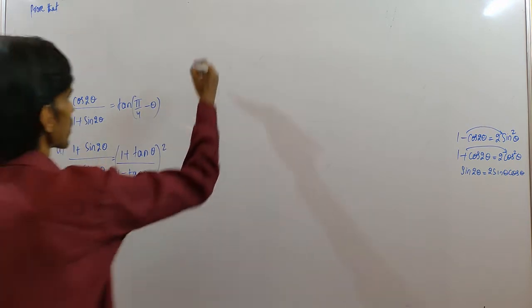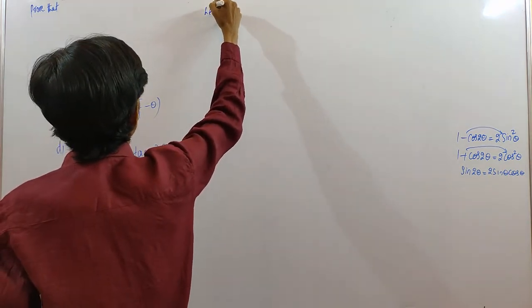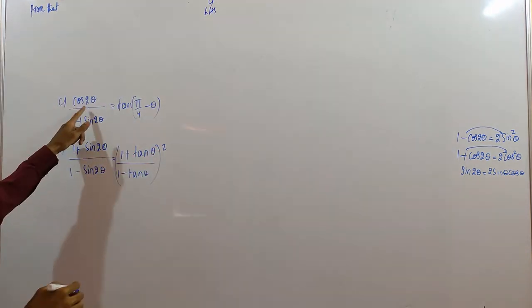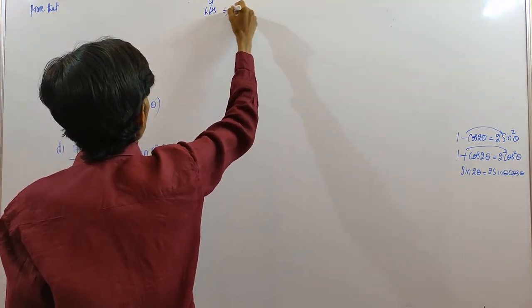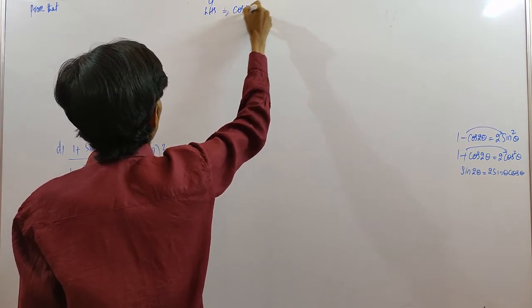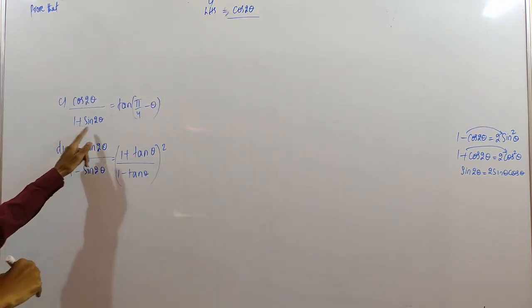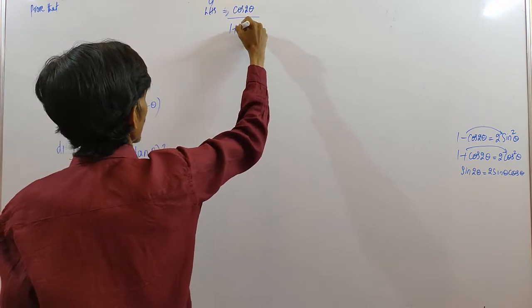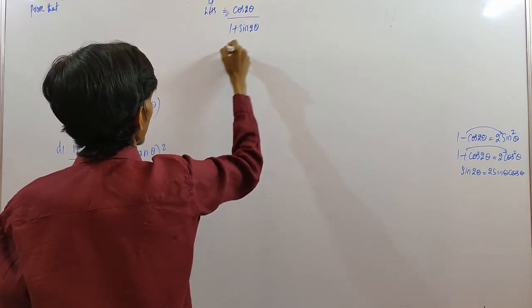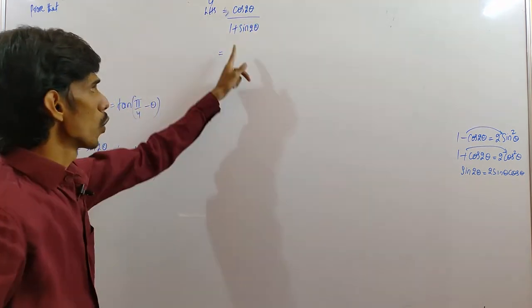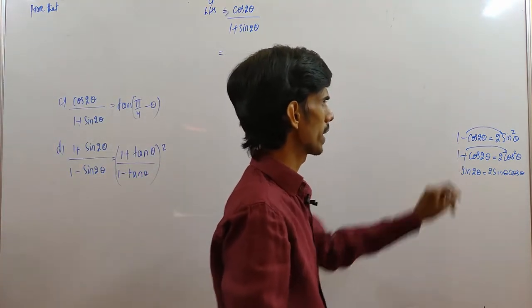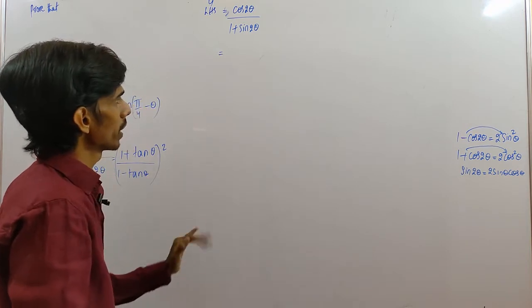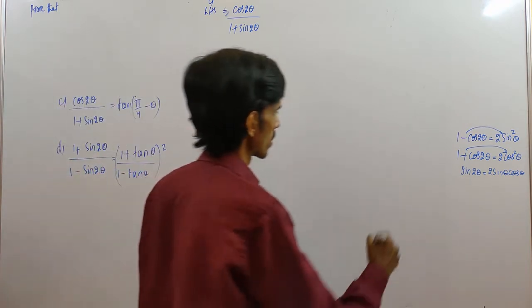So take the LHS: cos 2 theta by 1 plus sin 2 theta. We do not have a formula for 1 plus sin 2 theta; we have 1 plus cos and 1 minus sin. So can we convert sin to cos? Yes.